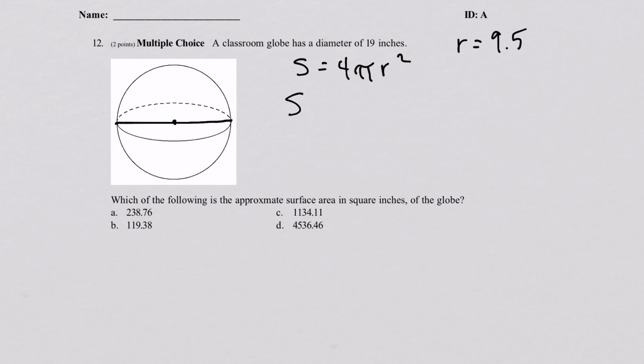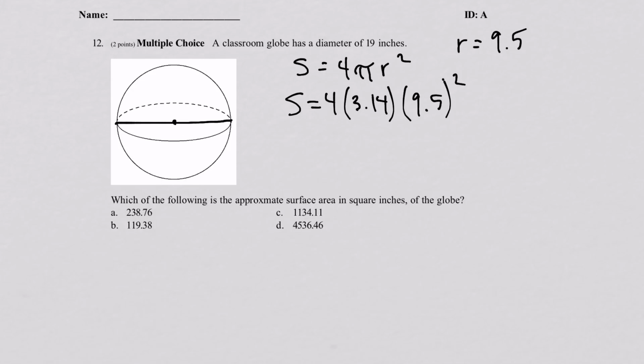Plug that in. And then after that, it's basically a punching into the calculator problem. Pi is 3.14 approximately, 9.5 squared, or you can just use the pi button on your calculator instead of 3.14 if you want to be more precise. So it's going to be 9.5 squared, gives me 90.25.